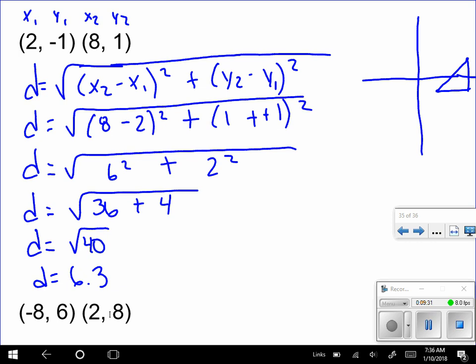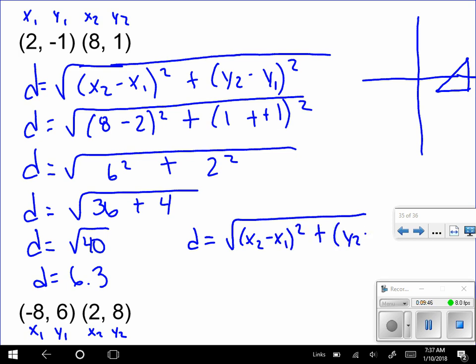Okay, same thing for this one. This is our x1, y1, x2, y2. I'll start up here and write the formula out, always good, because that gives you a good start so you know where to go. Plug in your values.